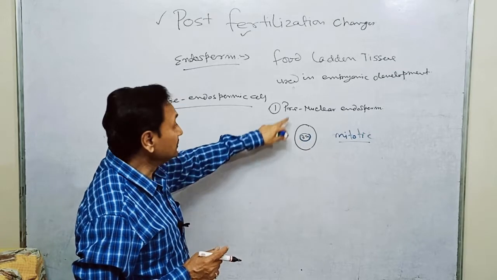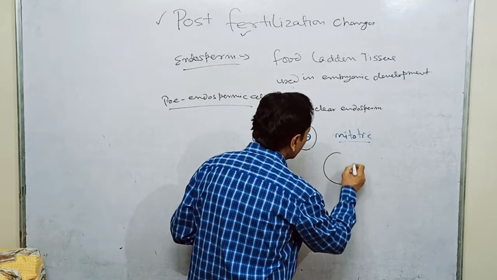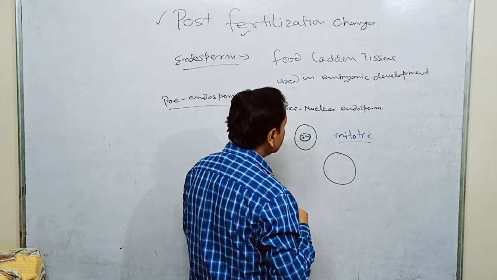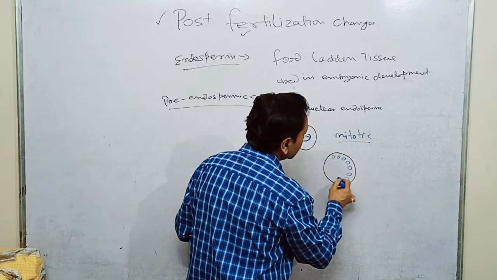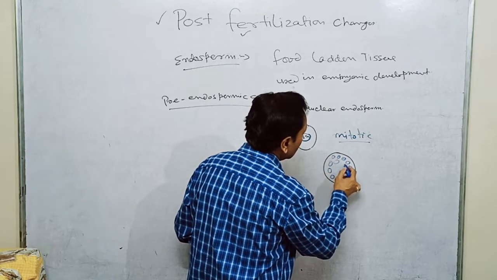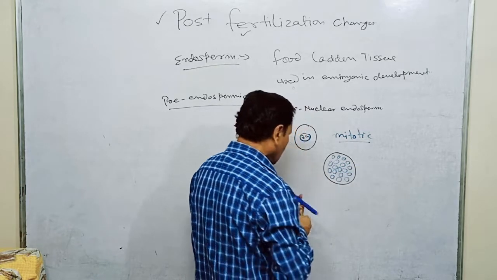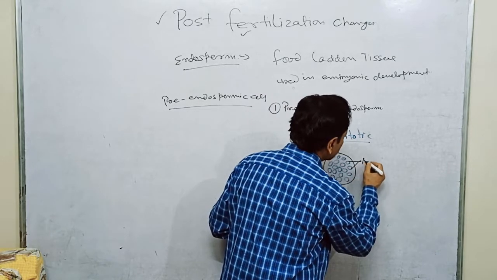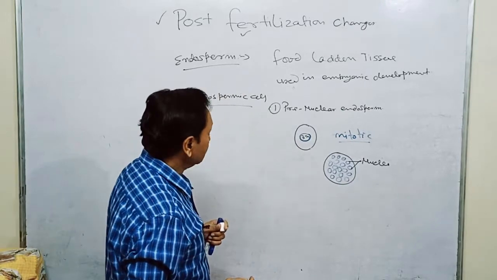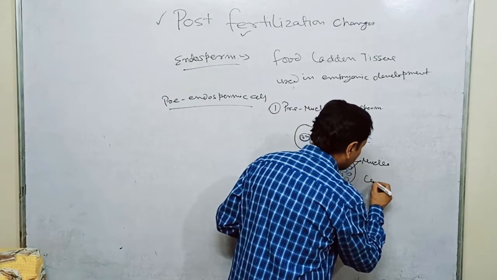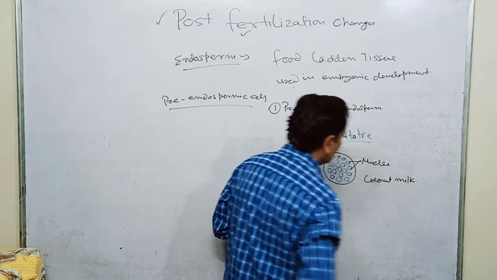But in free-nuclear endosperm, only the nuclei divide. Only nuclear division takes place, and many nuclei will be there. This is the case in coconut milk.